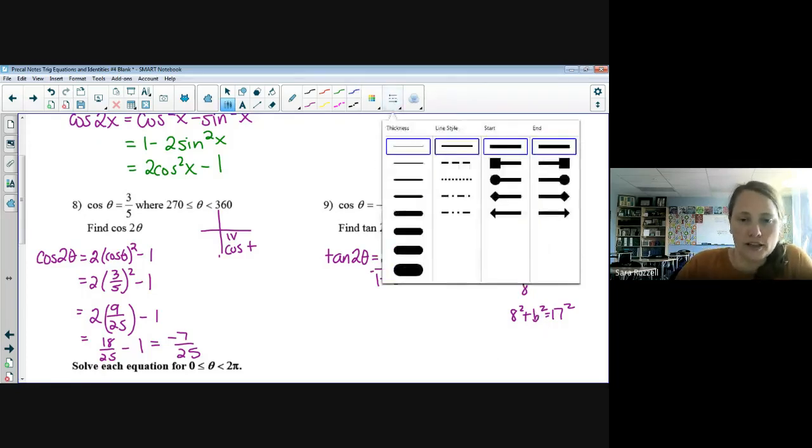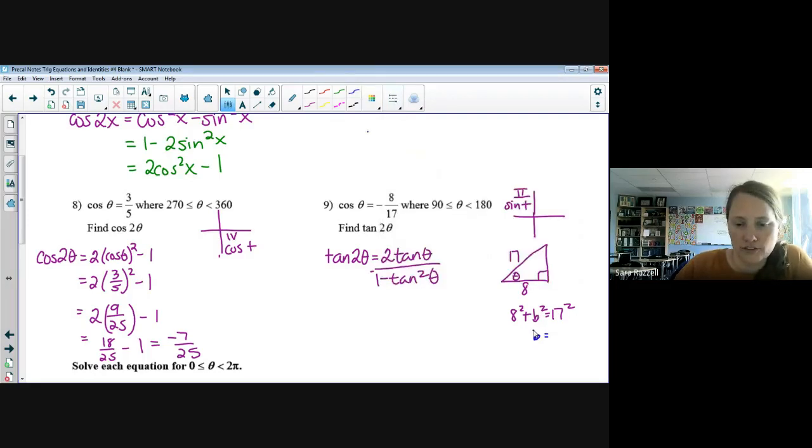We do the Pythagorean theorem, and this side is equal to 15. So if that side is equal to 15, opposite over adjacent is going to be 15 over 8. So our tangent of theta will be 15 over 8.